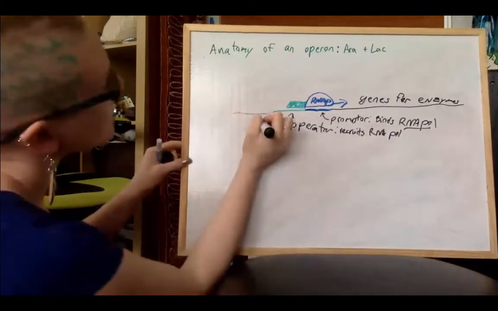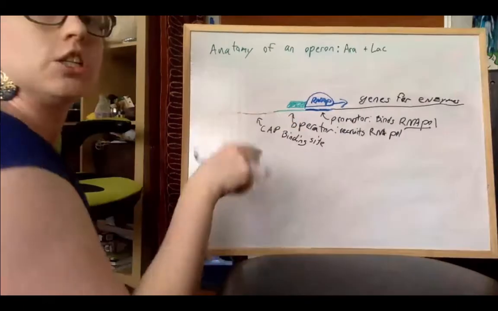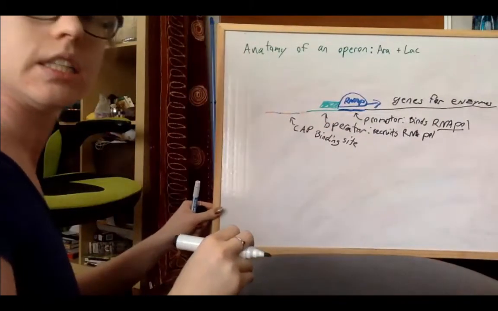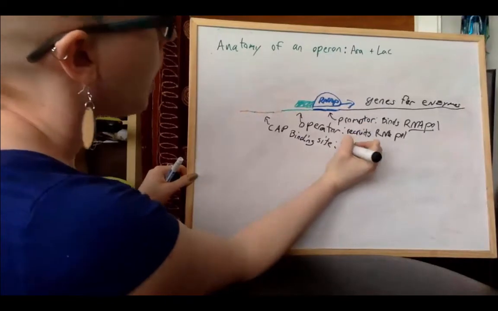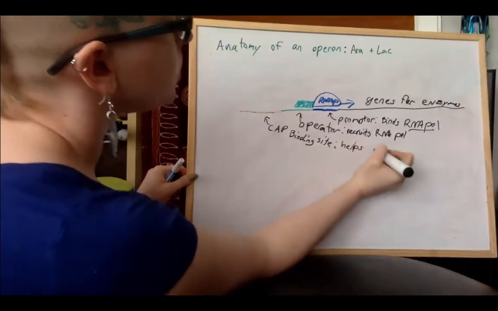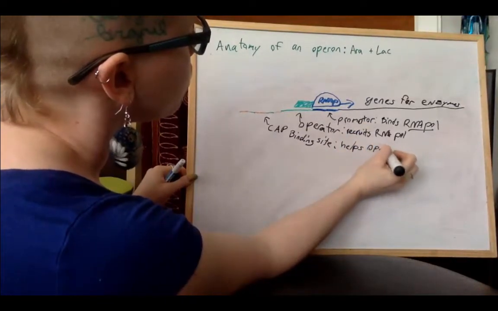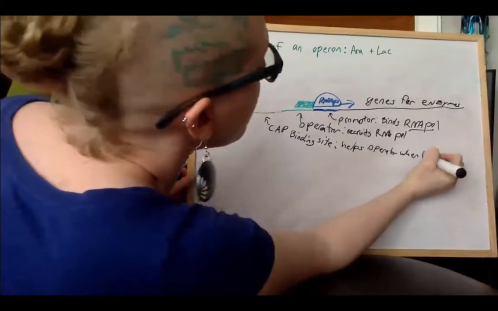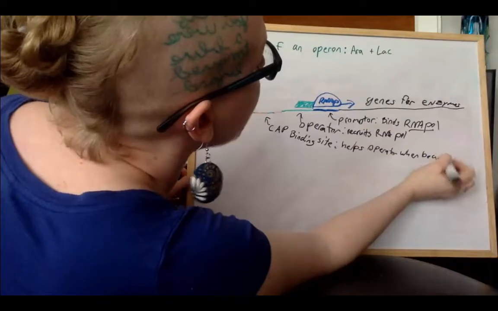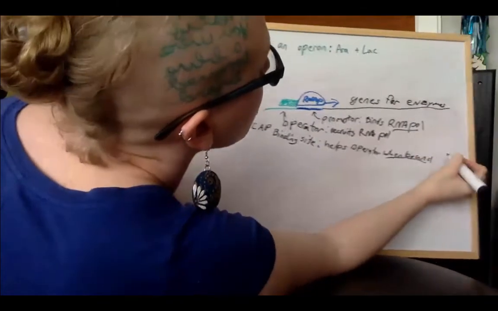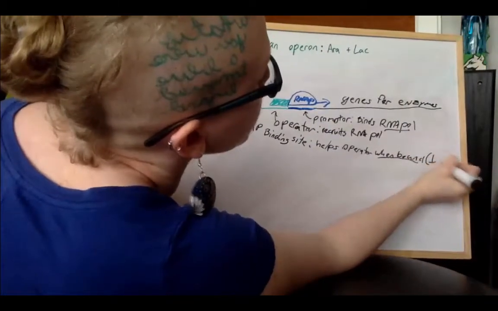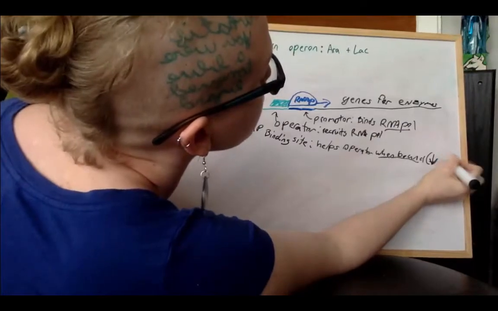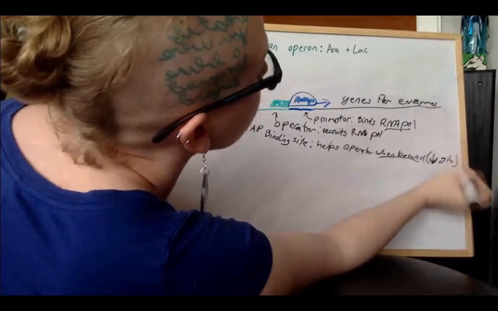Because this is the CAP binding site. It helps the operator when bound, which is when glucose is low.